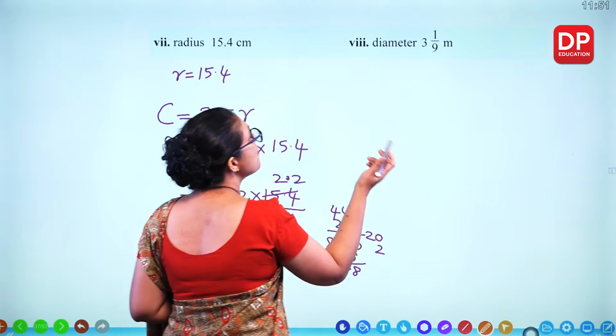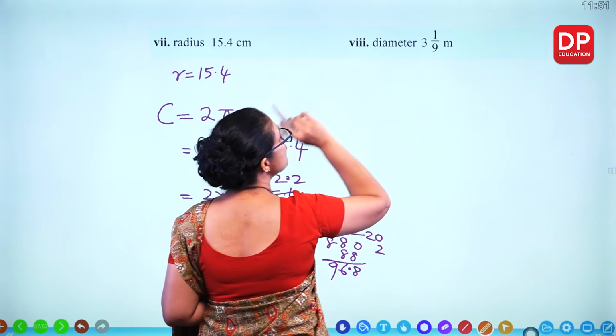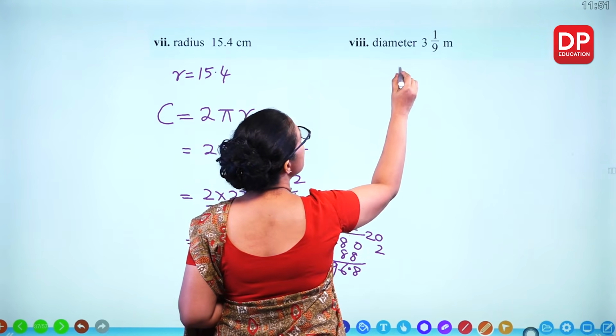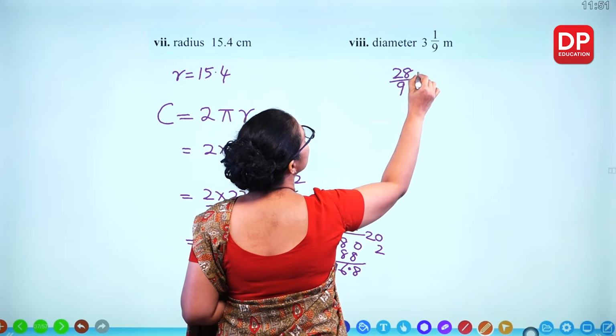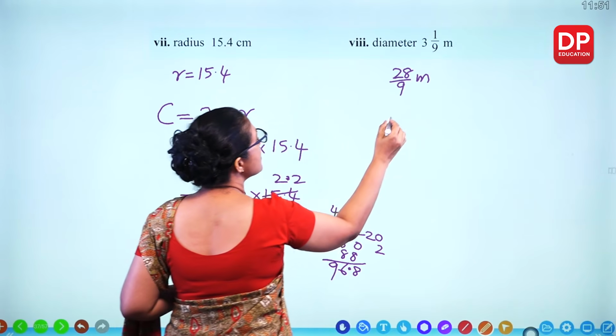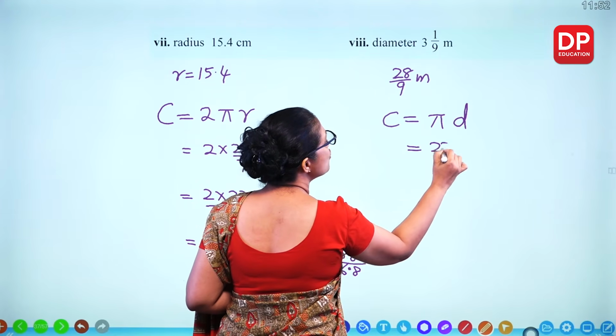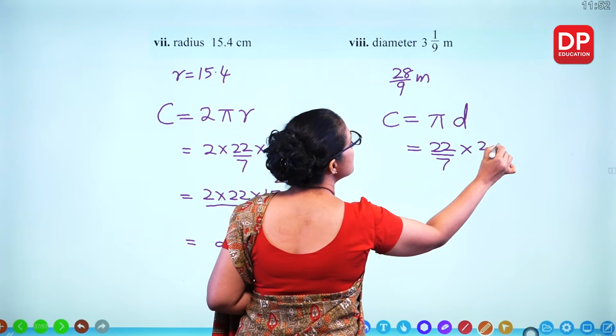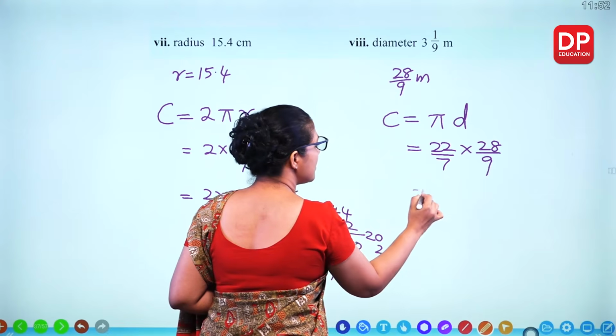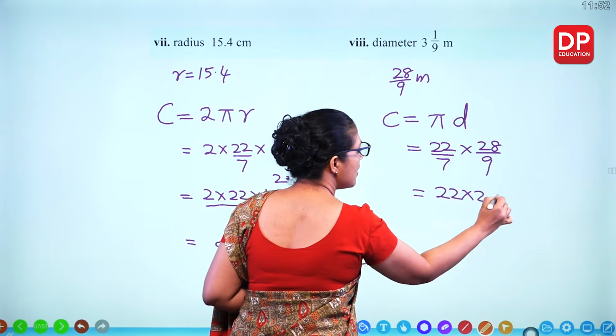Diameter 3 and 1 over 9. We can convert to improper fractions. 9 times 3, 27 plus 1, 28. So circumference is pi d. Pi 22 over 7, d is 28 over 9. Now simplify.